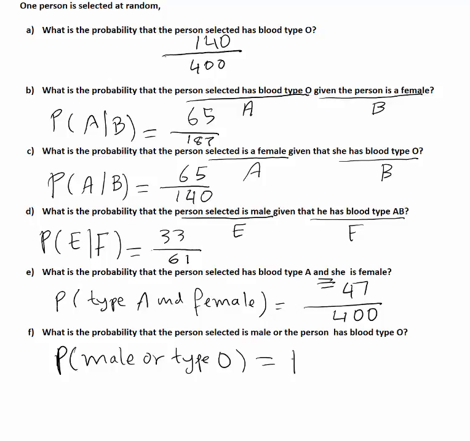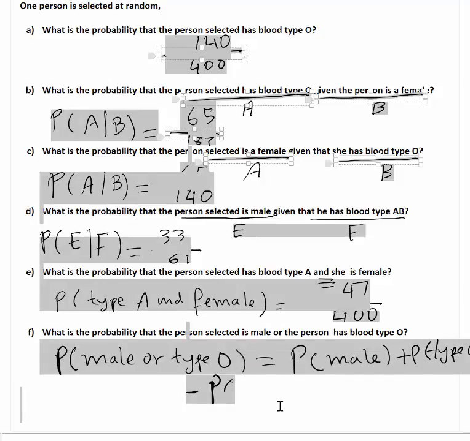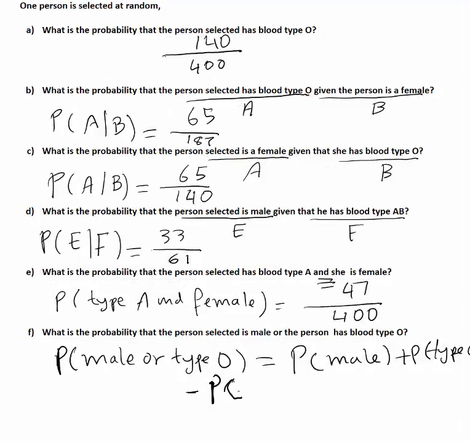You would have to do the probability of male first, plus the probability of type O, minus the probability of male and type O.